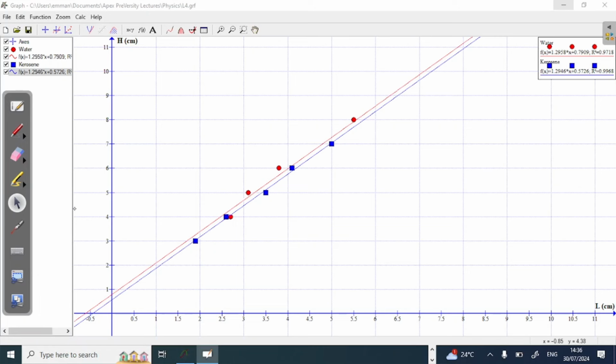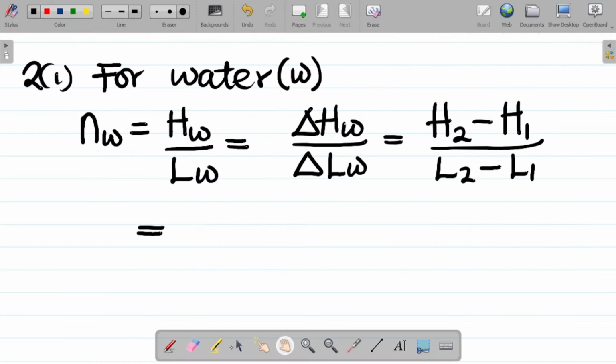So for sake of this class, I'll just have to take off the blue lines. So let me take this one off. All right, so we just have water here, which is this. Now we have to find the slope of this. Remember how we get slope? For slope, we said it's as easy as you see a vertical line this way, a horizontal line this way in your graph sheet.